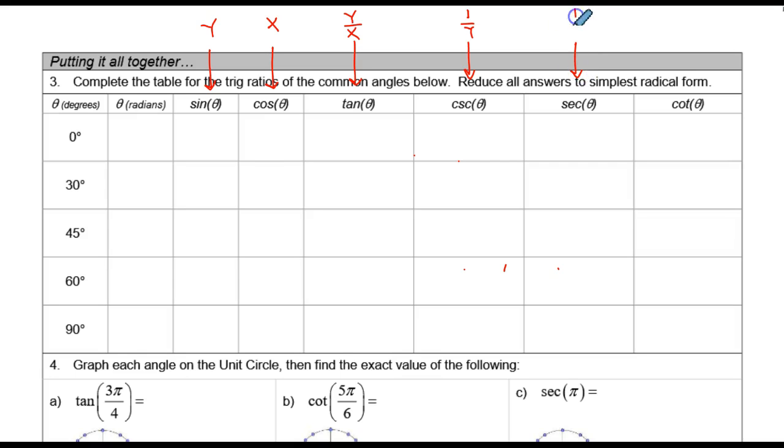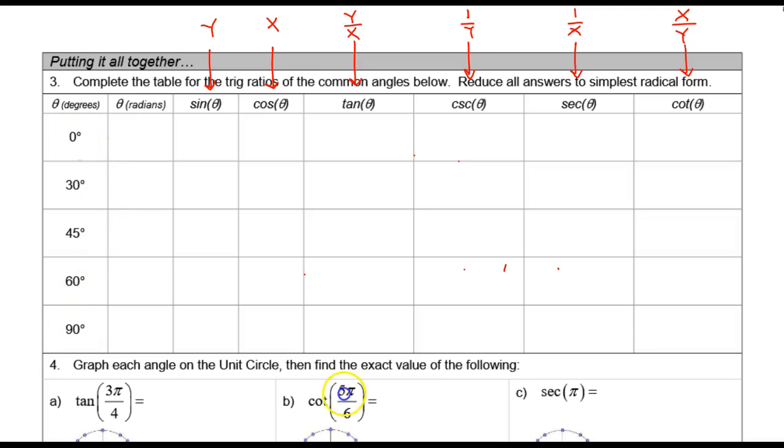Secant is 1 over x, or 1 over cosine. And cotangent is x over y, or cosine over sine. So those are the relationships we're going to use between the x and y values for the points on the unit circle for each of these common angles.